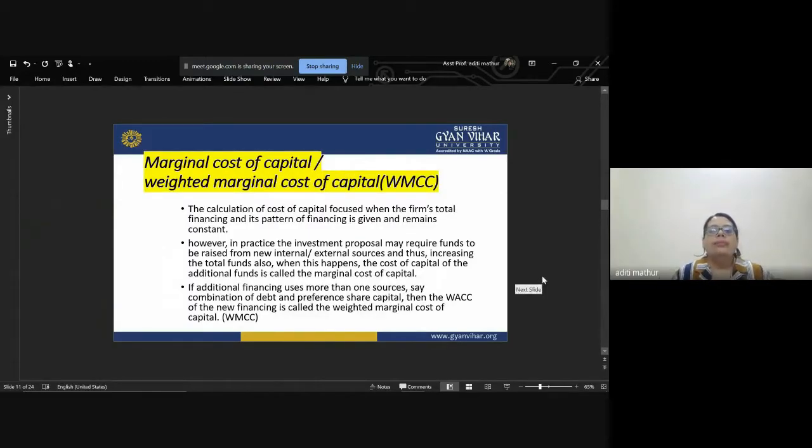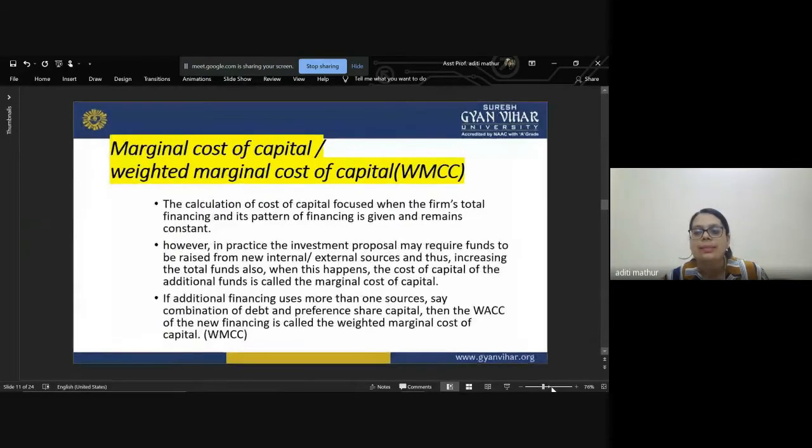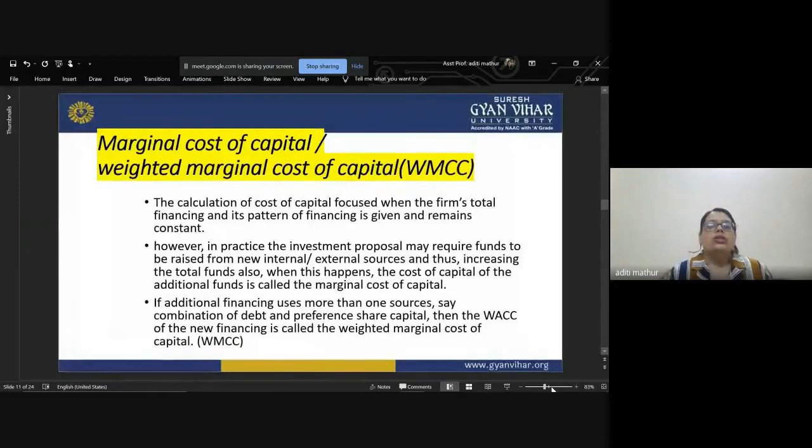Now, what do we mean by marginal cost of capital, or the weighted marginal cost of capital, which is your WMCC? The calculation of the cost of capital focuses on when the firm's total financing and its package of financing is given and remains constant.